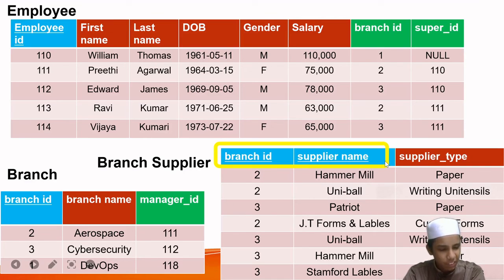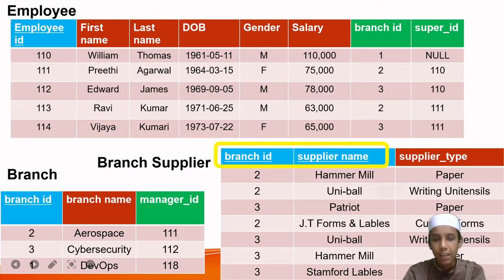And if we give only the supplier name, then the supplier name cannot uniquely identify the table. So only together can they uniquely identify it.